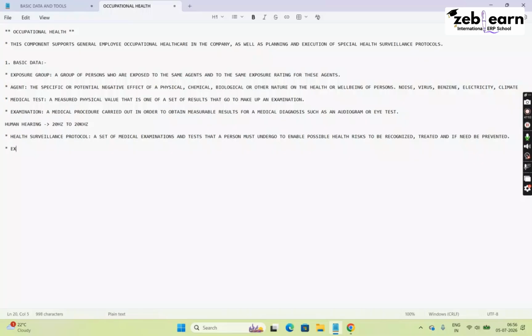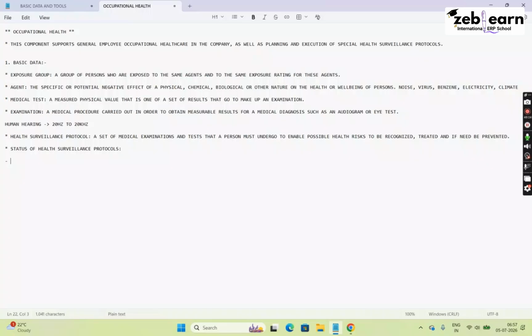Next, let's move on to examination type. Or before that, let me tell you, there are some status related to health surveillance protocol. Status of health surveillance protocol. There is a lot of theory, so please don't mind. This is quite theoretical, and even transaction codes are too many.